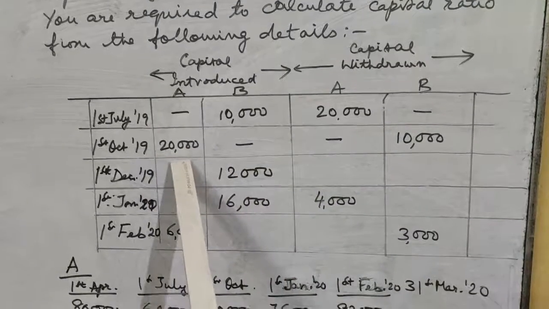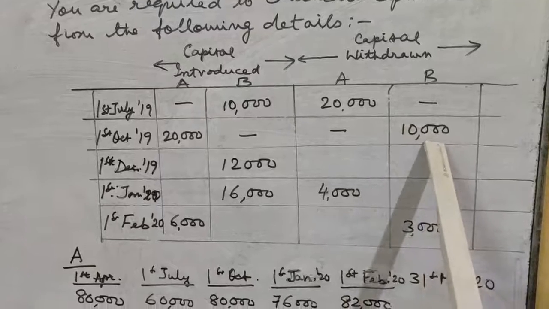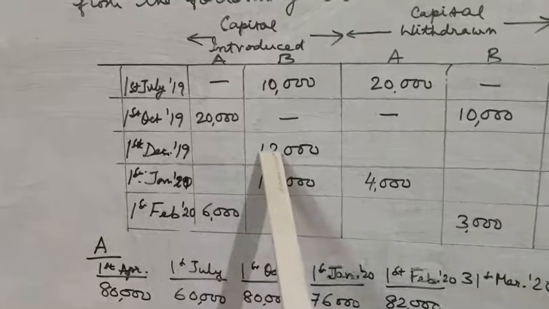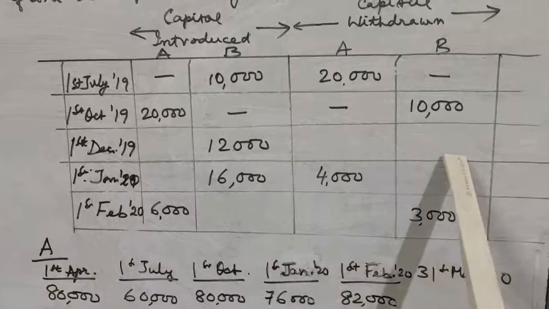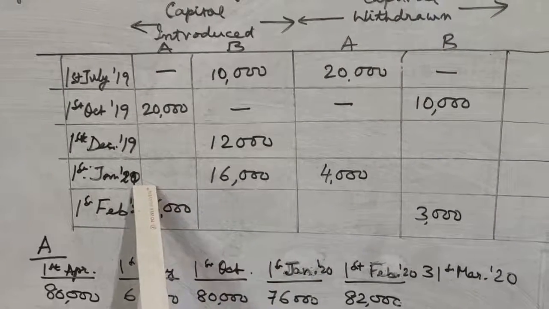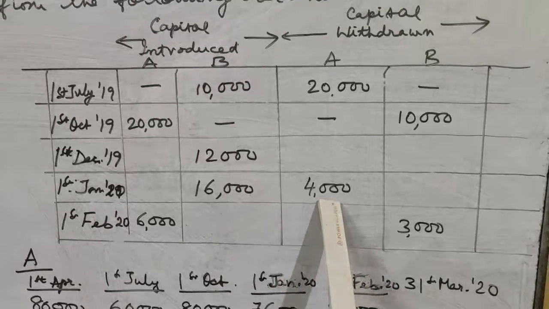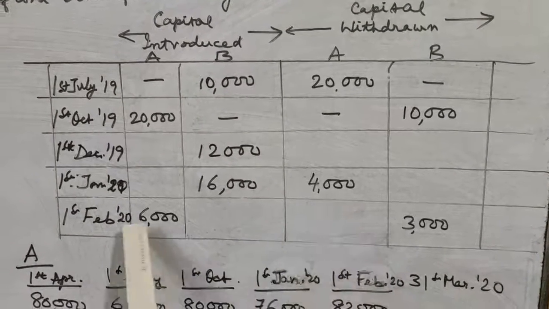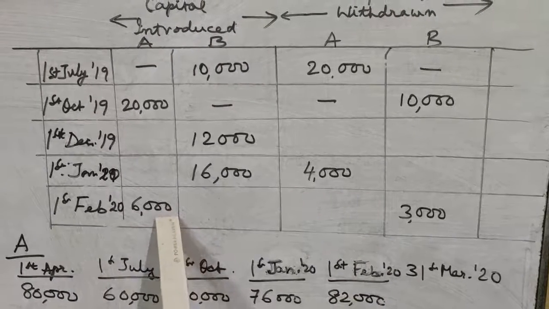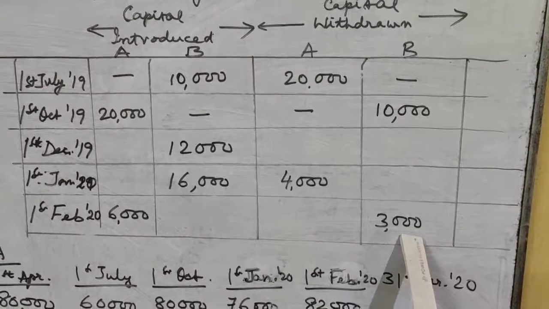On 1st October, A introduced 20,000 and B withdrew 10,000. On 1st December, B introduced 12,000 and nothing was done by A. On 1st January 2020, again B introduced 16,000 and A withdrew 4,000. On 1st February, A introduced 6,000 and B took out 3,000.